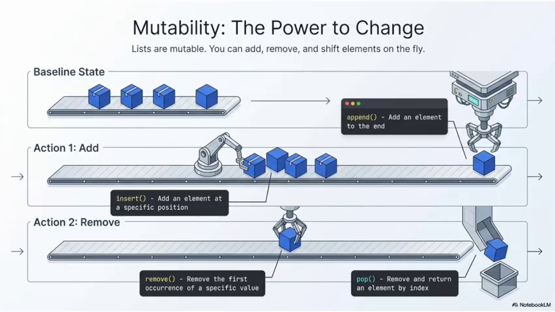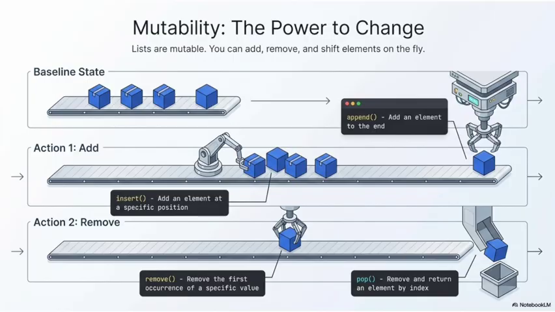Inserts at the specific index, shifting everything after to the right. Remove by value, remove finds and removes the first occurrence of that value. Remove by index, pop with the index number, removes and returns the element at the specific location.